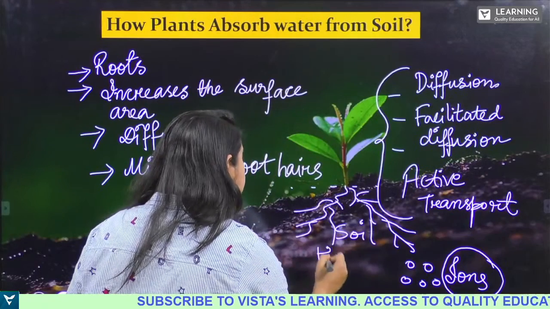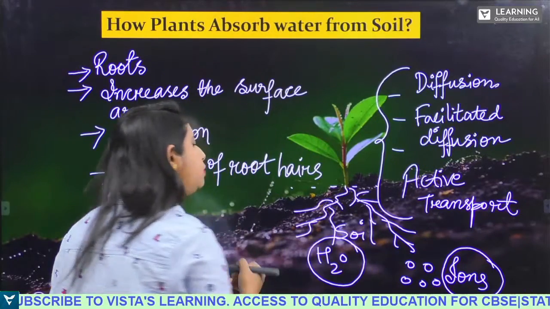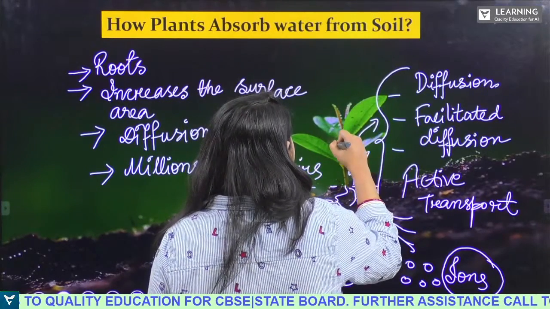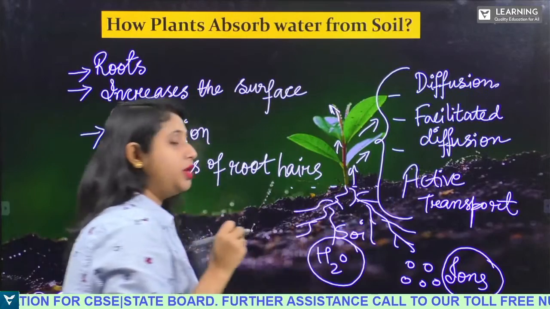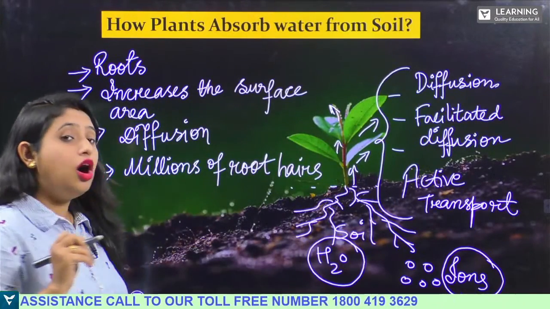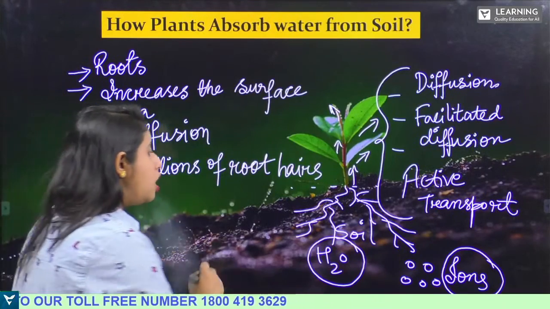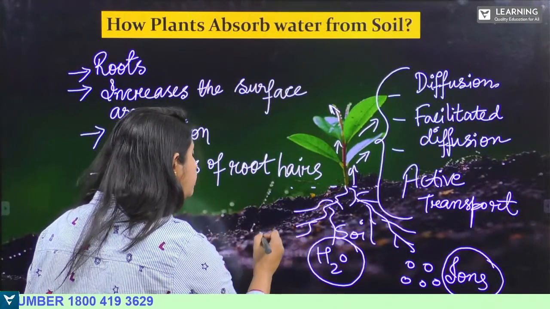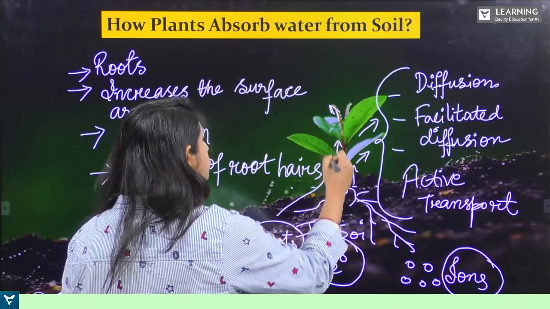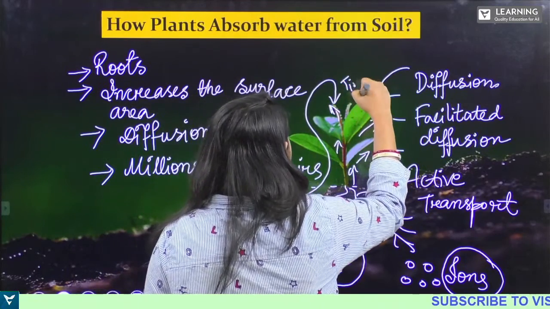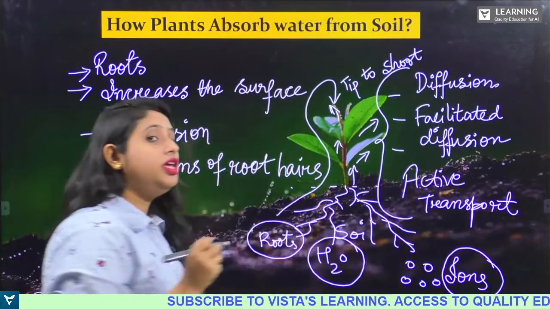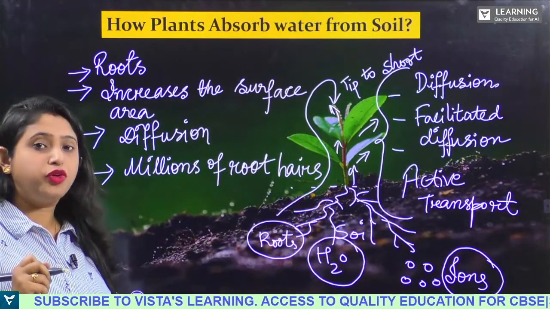Various ions and water will be taken up by the roots, and they need to be transported to all the parts of the plant. So the long-distance transport of water takes place, that is from the roots it needs to be transported to the tip of the shoot.